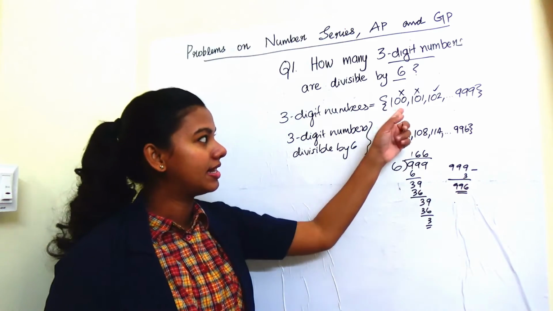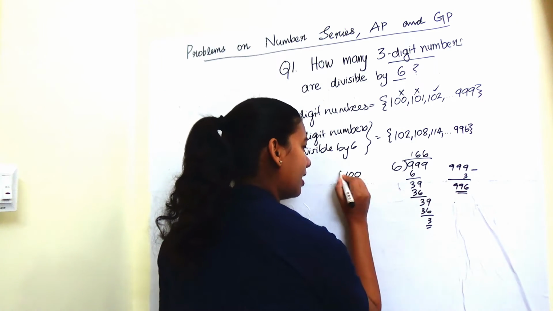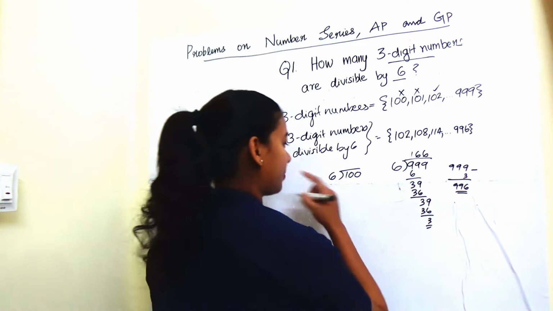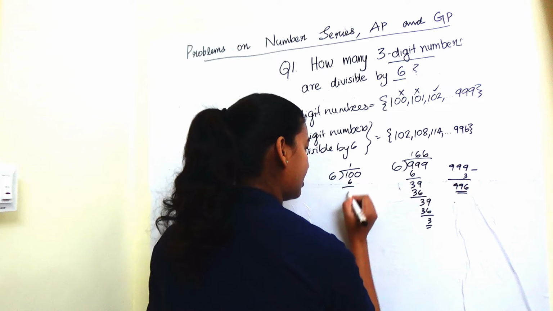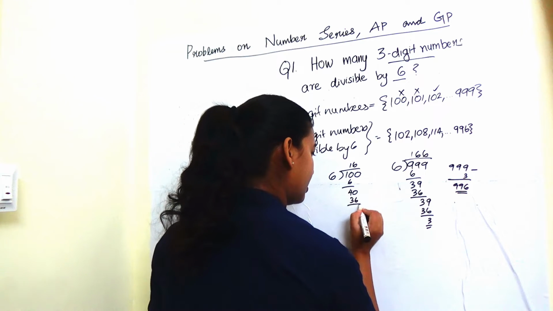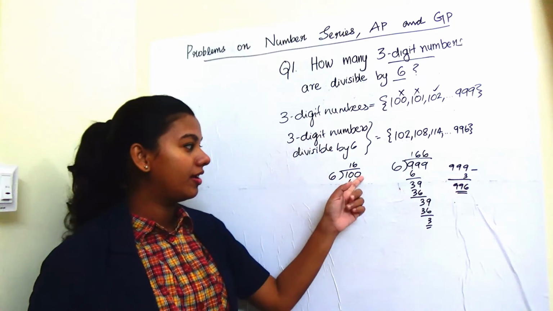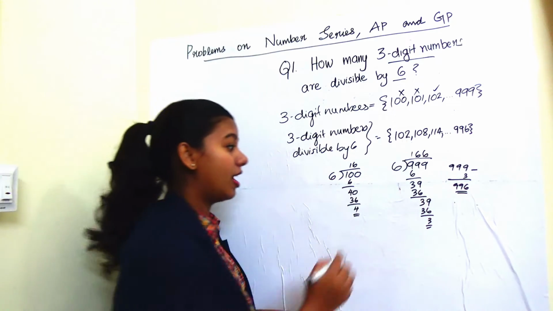Let's see about the first number, 100. I do the same method, 100 divided by 6. 6 ones are 6, I get 40. 6 6s are 36. I get 4 balance. So we get the number which is below the dividend, that is below 100.